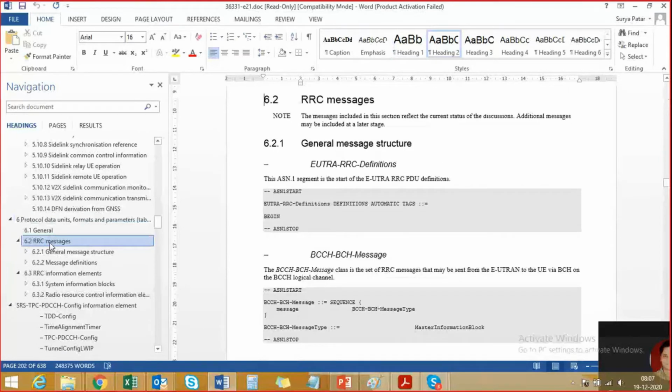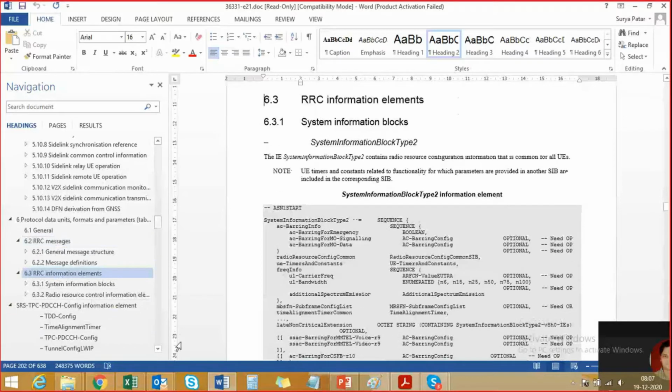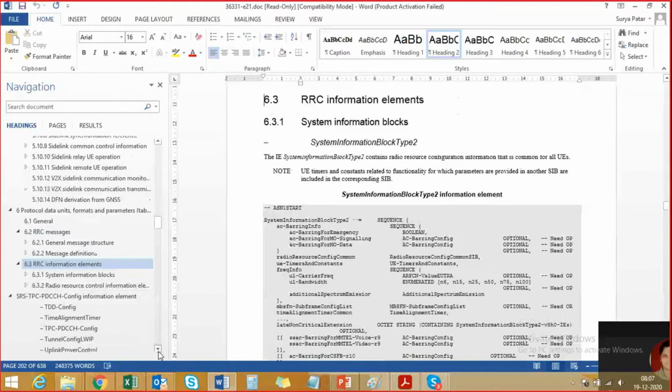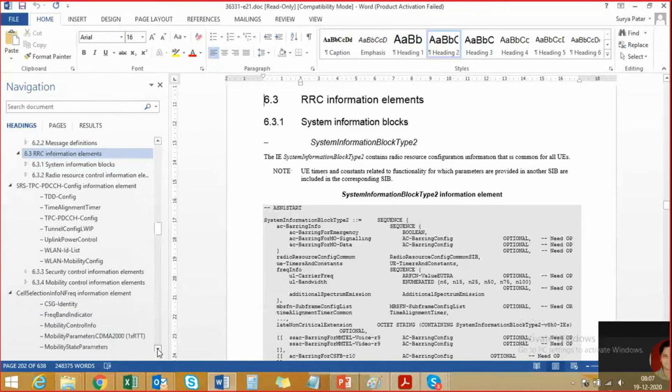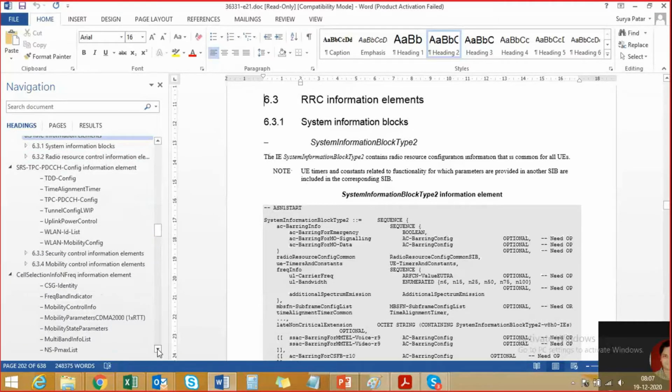I will take you through this because this is common and all the information elements are there. We will go through a sample few, and these messages and information elements we will also see in our practical QXDM logs.